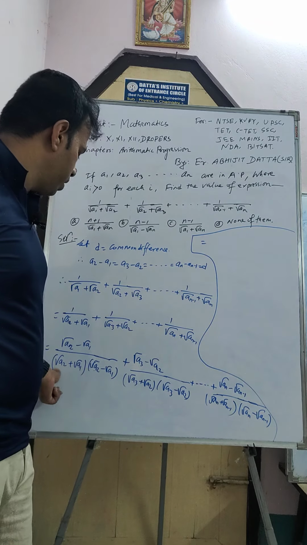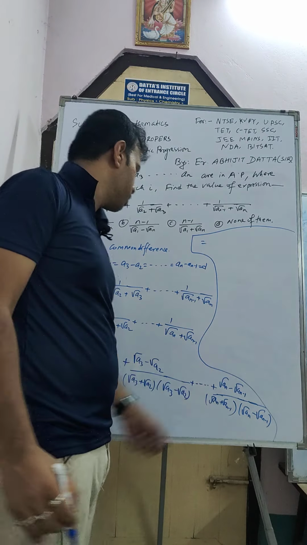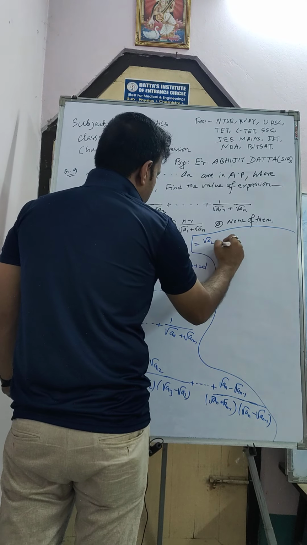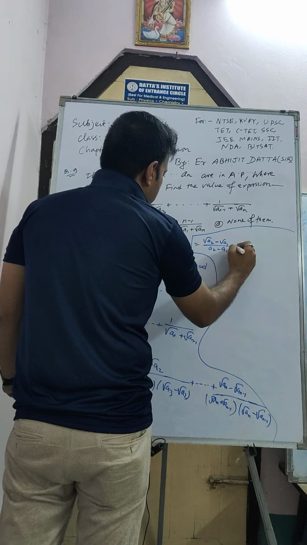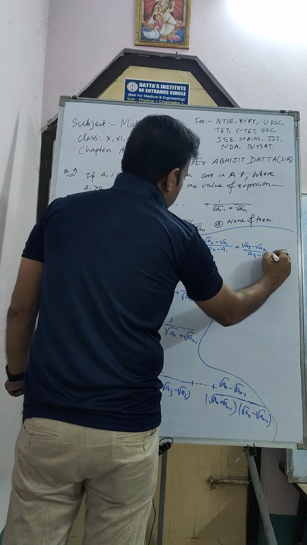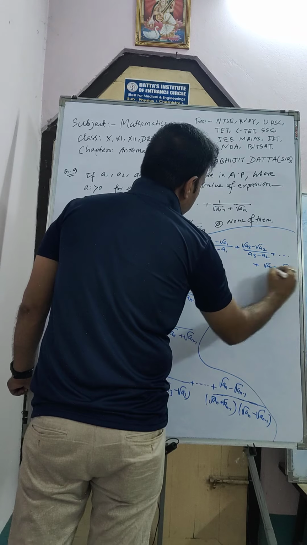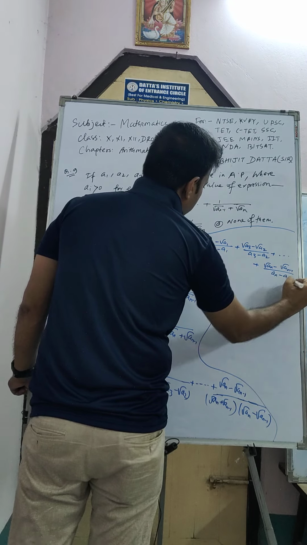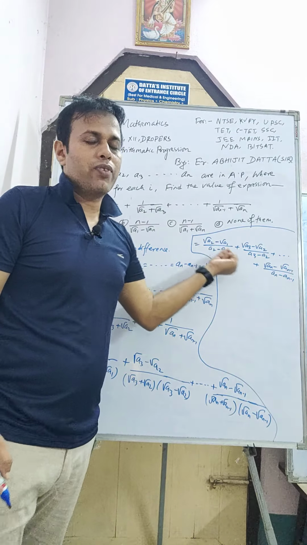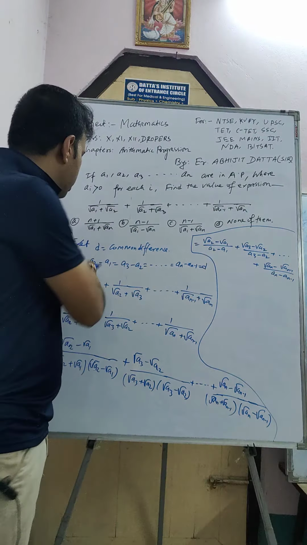Now look here, it is in the form of a plus b into a minus b. Here also, and here also. Now we can write this as root a2 minus root a1 by a2 minus a1, plus root a3 minus root a2 by a3 minus a2, plus ... plus root an minus root a(n-1) by an minus a(n-1). Now these terms, a2 minus a1, that is second term minus first term, third term minus second term, up to an minus a(n-1), we can write as d, the common difference.